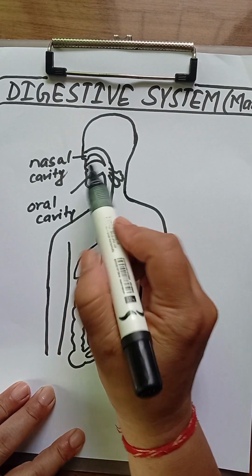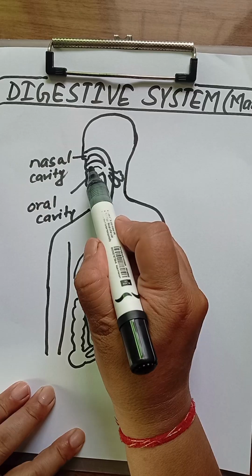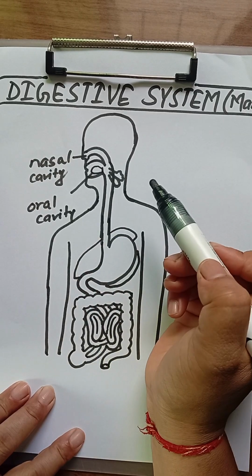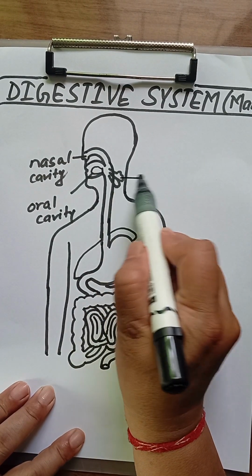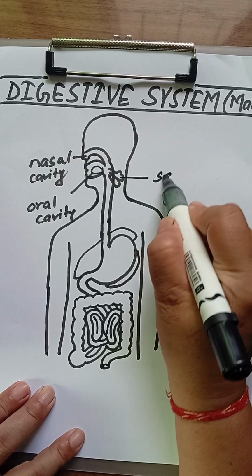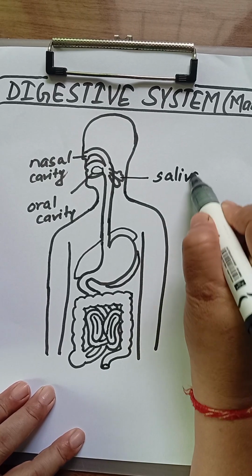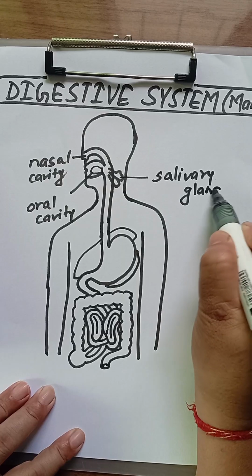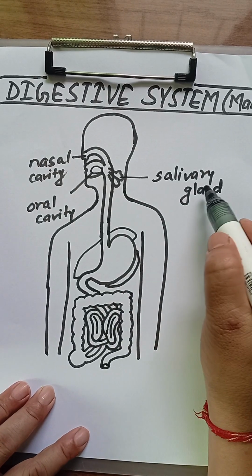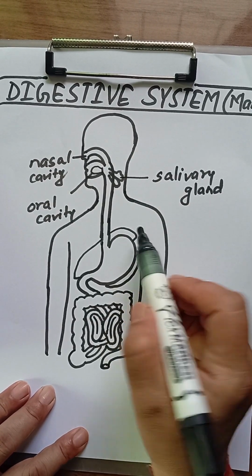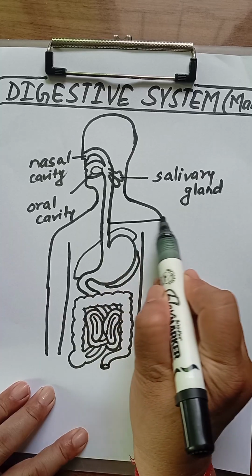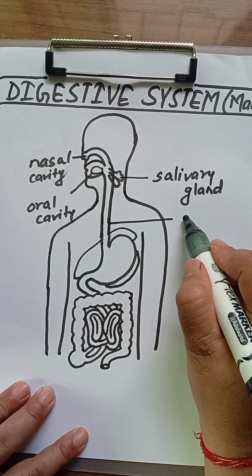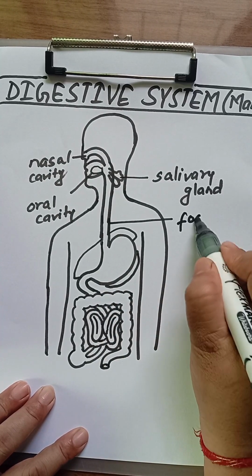In the oral cavity, you can also make the tongue. This one is the salivary gland that plays an important role in digestion of carbohydrate. This is the esophagus. You can also call it the food pipe.